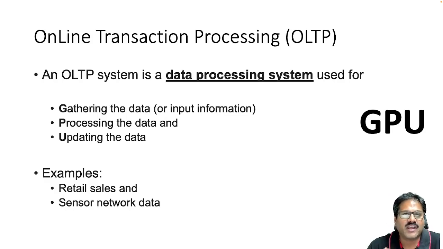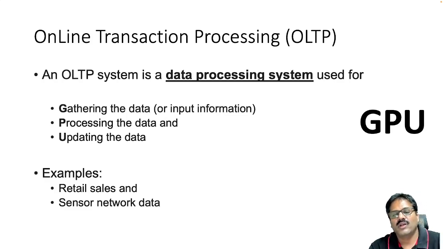Then we can process the data: whatever data we need, we can take it, unnecessary data we can delete, and then we can update the data. For example, if any sensor value is incorrect and has been changed, we can update that data. These three operations, gathering, processing, and updating the data, are done using OLTP systems.